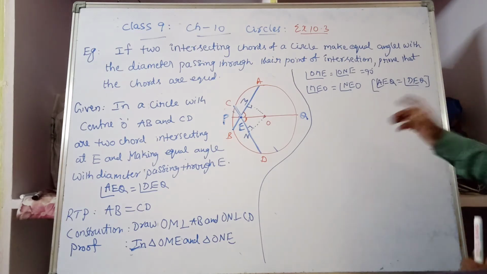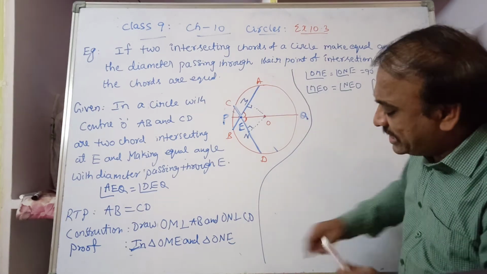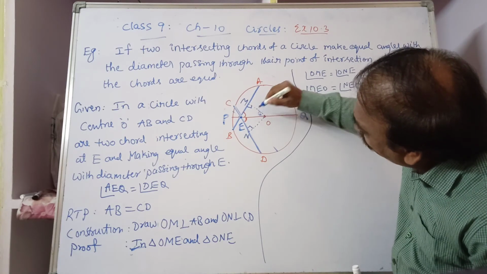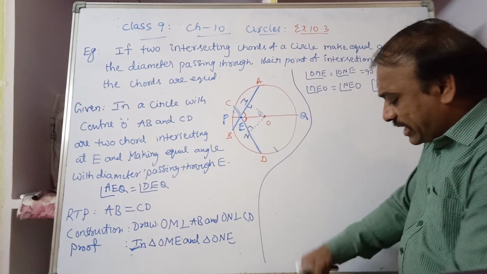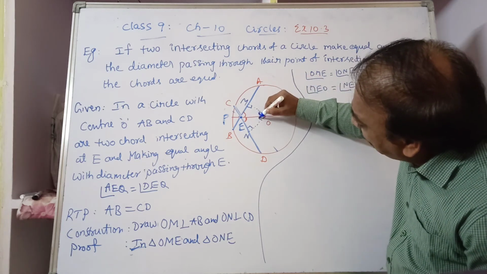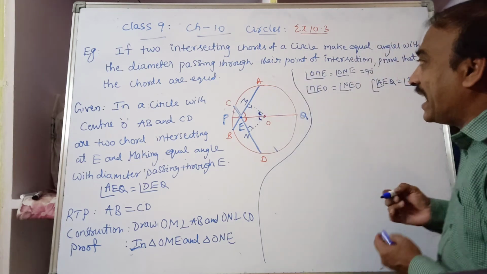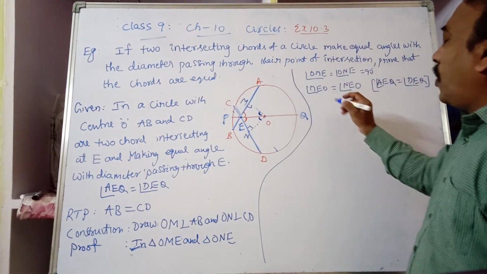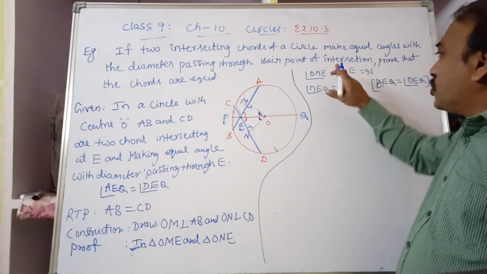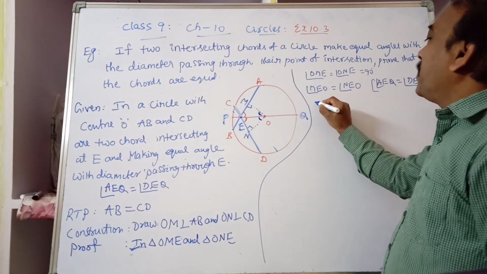So now the third angle is this part. This is the third angle which we need to write. It will be equal by angle sum property.